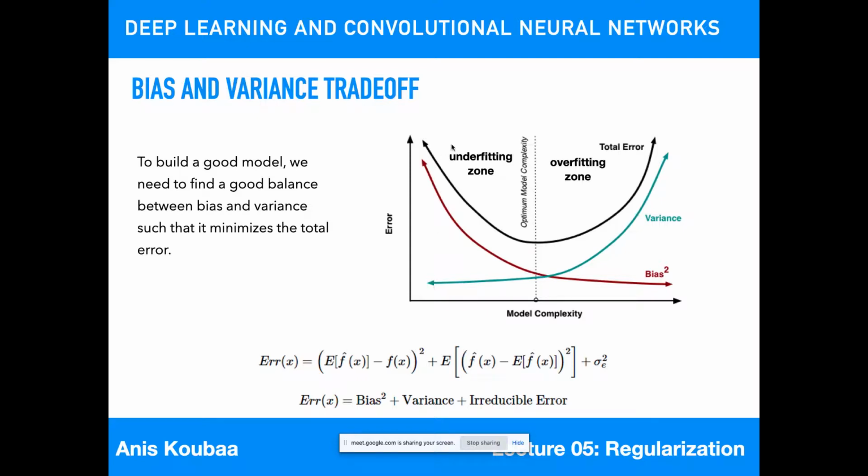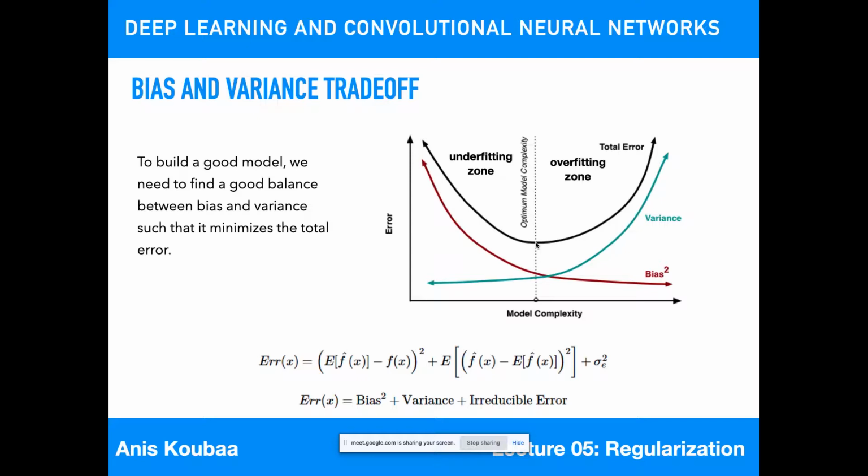So this zone here is the zone of underfitting, and the zone here is the zone of overfitting. You try to find a model complexity such that it will give you the lowest error possible.